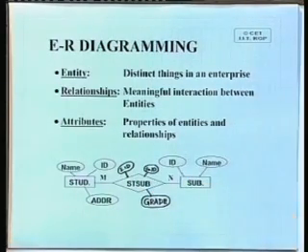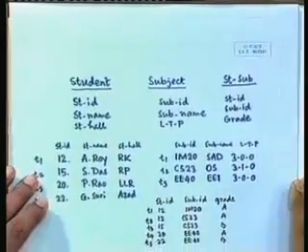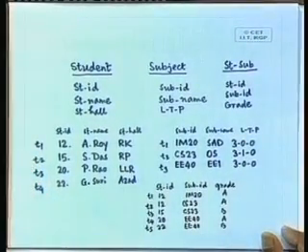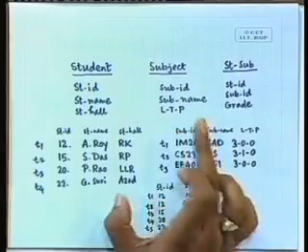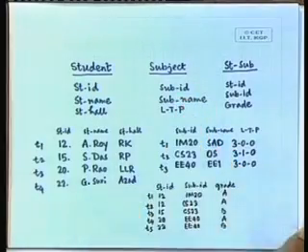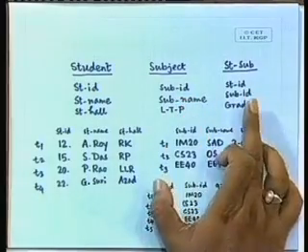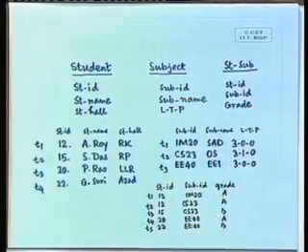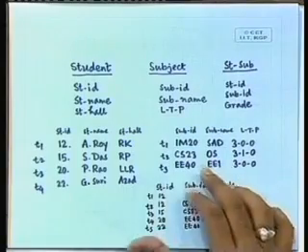Both must also be shared by st sub, right. So you can see here that we have the student ID, here the subject ID, and in the st sub we have the student ID as well as the subject ID, right.